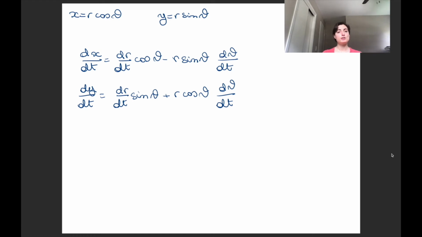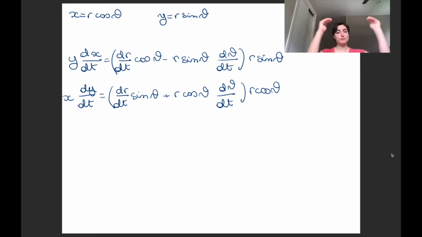What we do is we multiply the first equation by y, that is equal to r sin theta, and the second equation we multiply by x, that is equal to r cos theta. In this way, the first terms, dr dt cos theta and dr dt sin theta, become the same thing. So we can subtract these two equations and hope that the terms we don't like are going to simplify away.